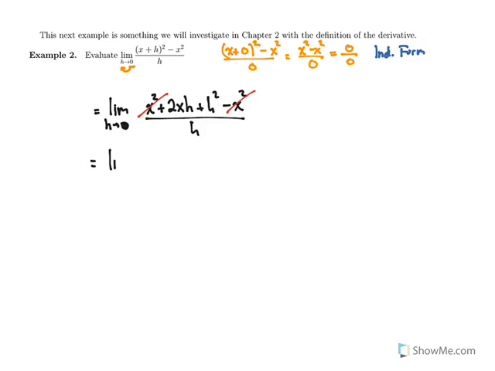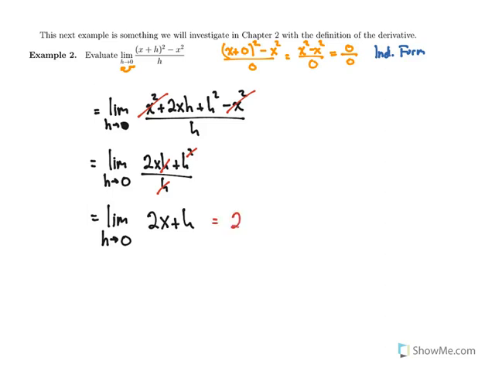And we'll be left with the limit as h approaches 0 of 2xh plus h squared over h. And note that now we can cancel out an h out of every single term, which allows us to write this as the limit as h approaches 0 of 2x plus h. Now we try plugging in 0, and we have 2x plus 0, which is just 2x, and that is our answer.